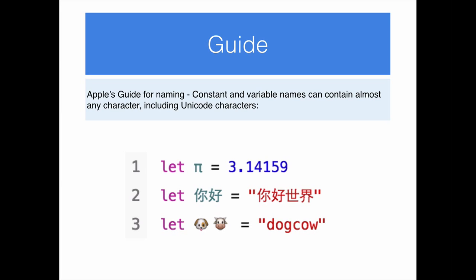Now, I would caution you from a personal standpoint to only use this available ability to write constant names and variable names with emojis, with symbols, with foreign characters, only if you have a really specific and really good use case for it. Generally, I've found that it's best to stick with writing things in English and also just using camel case, writing things out like pi as opposed to using the symbol here.